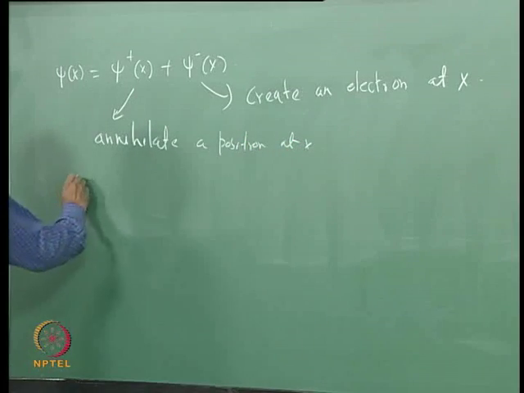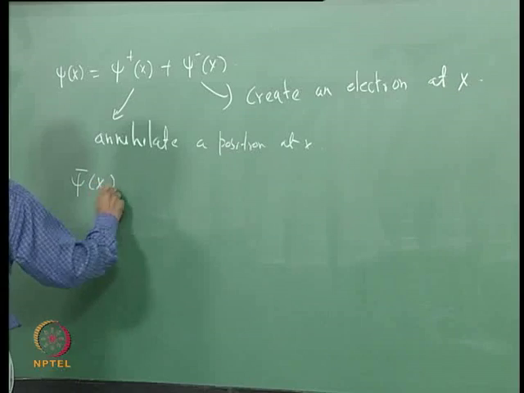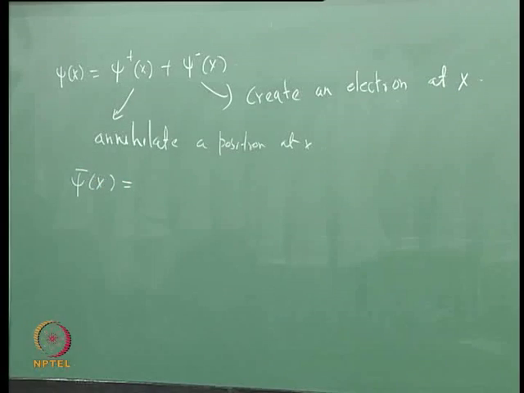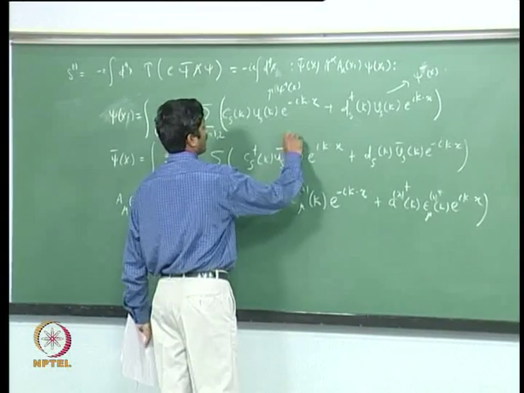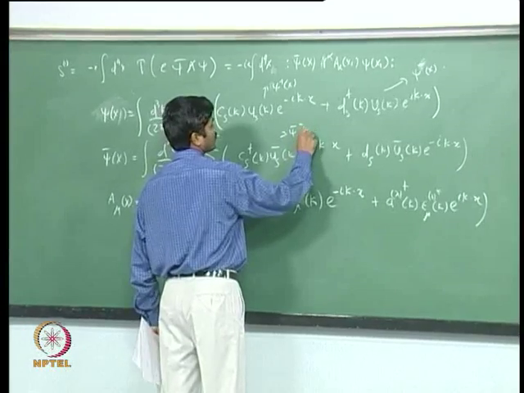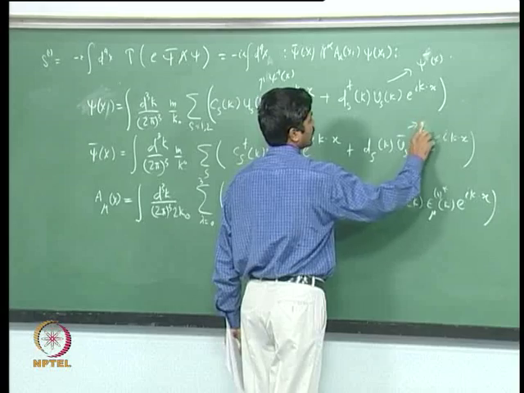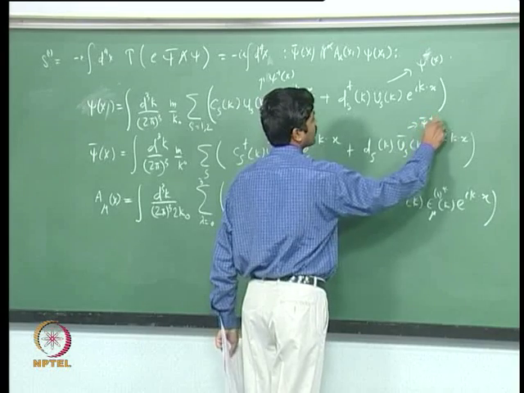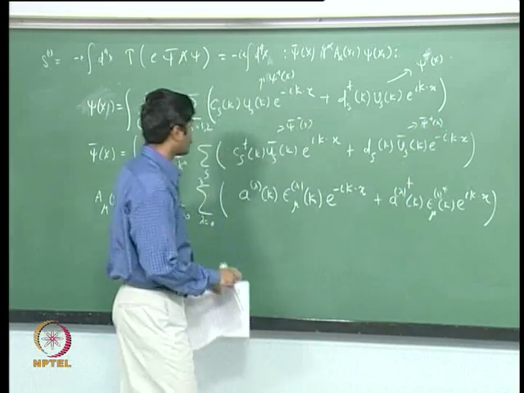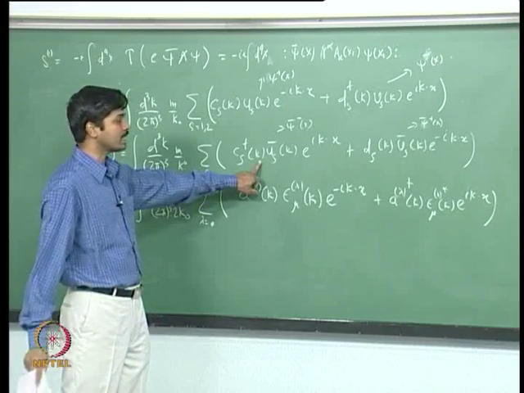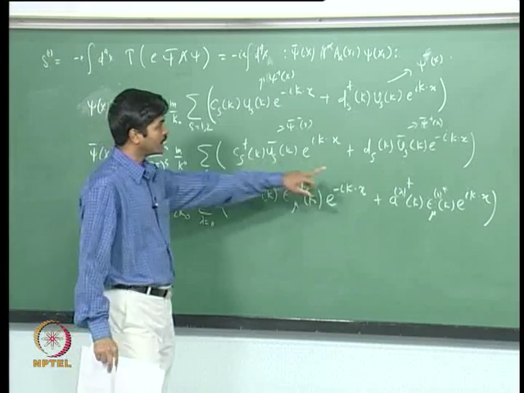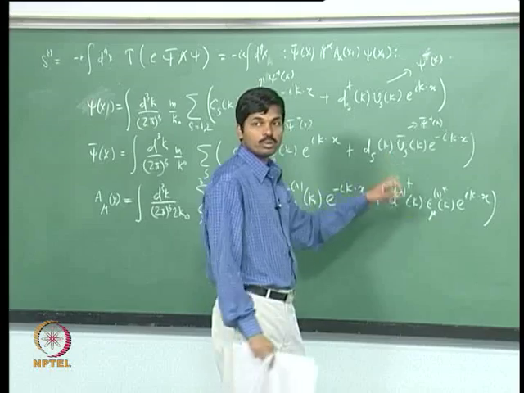On the other hand, psi bar of x, I will write as psi bar minus of x, and this term here I will write as psi bar plus of x. So, psi bar minus of x creates an electron, whereas this annihilates a positron.